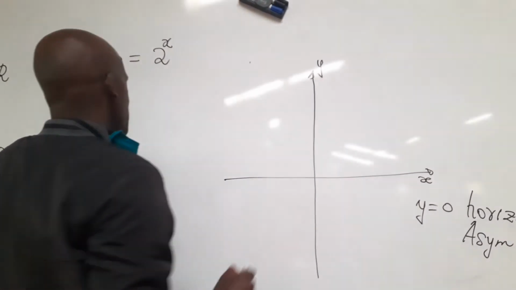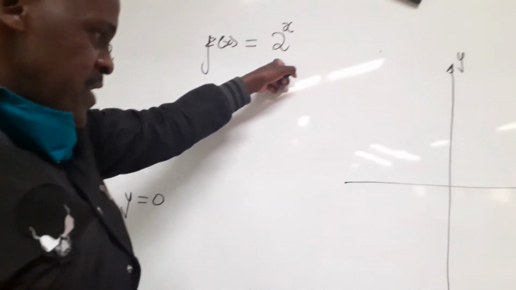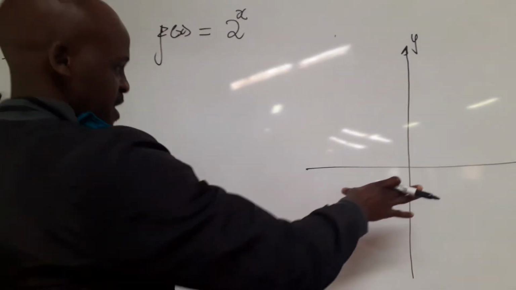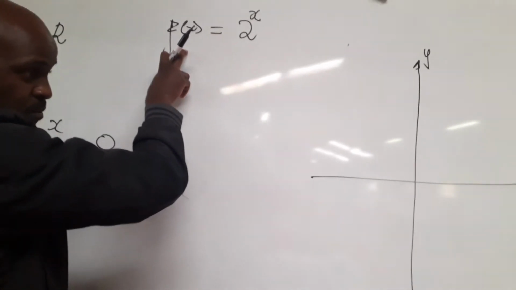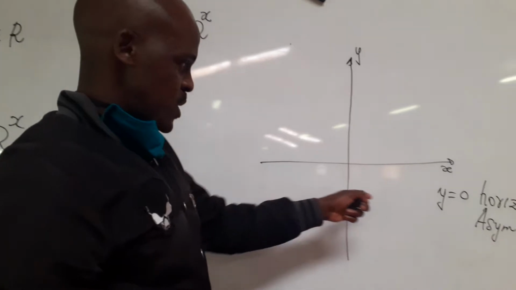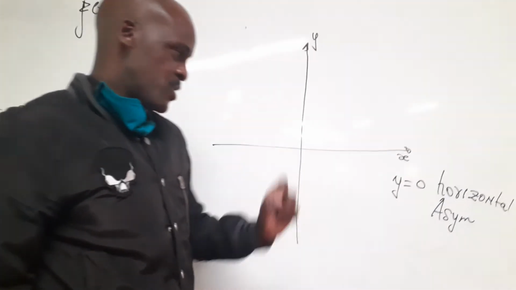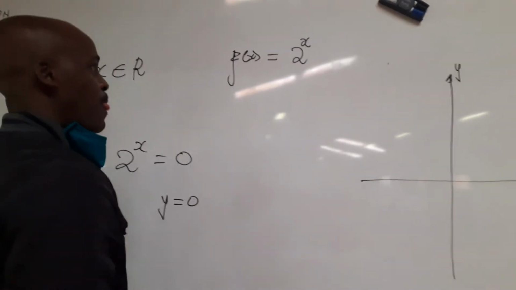That's why we are saying for the domain, x is an element of real numbers. But for the range, we can't make y to be 0 because this won't exist. Y is equal to 0 is our horizontal asymptote. Let's sketch this graph.